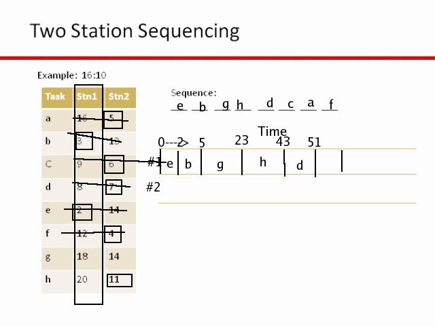I should have picked a shorter example here. Sorry about that, but hopefully this will make sense as we get along here. And then we're going to do A, so A can start at time 60, and it's going to take us to time 76.